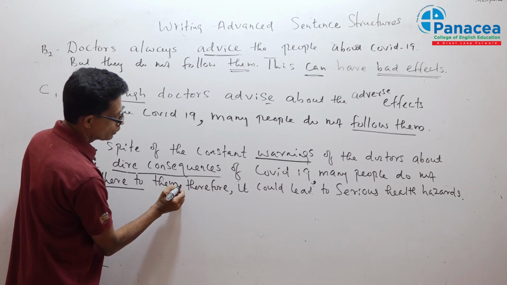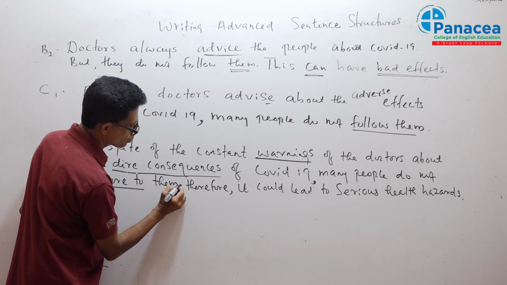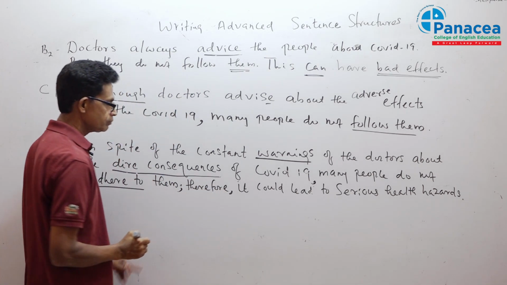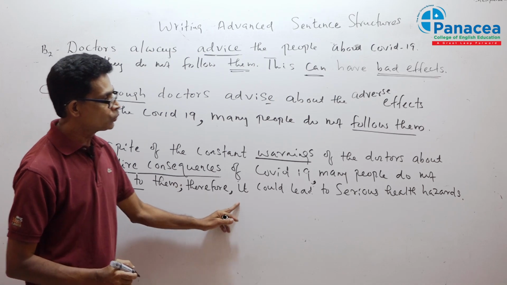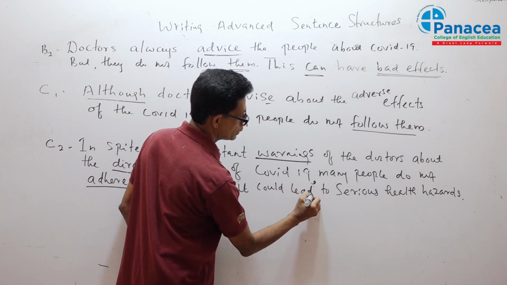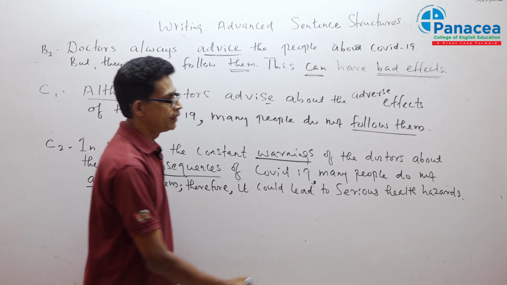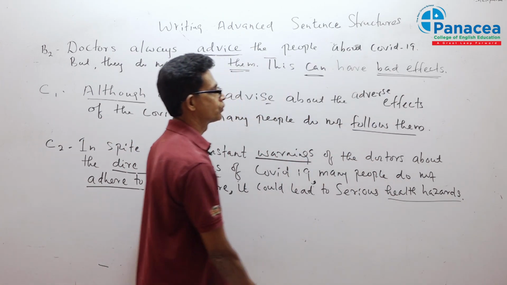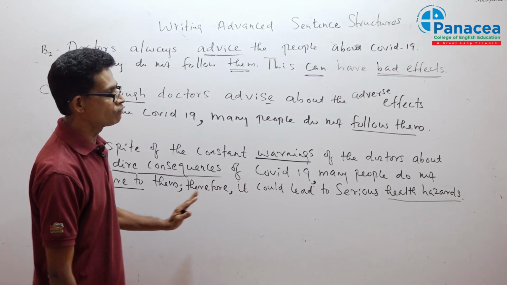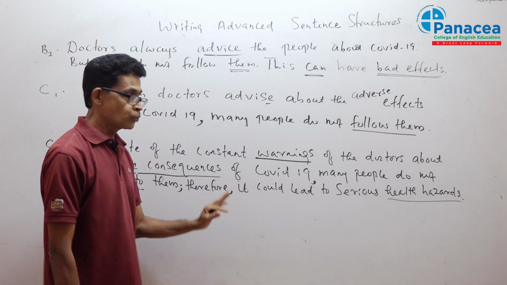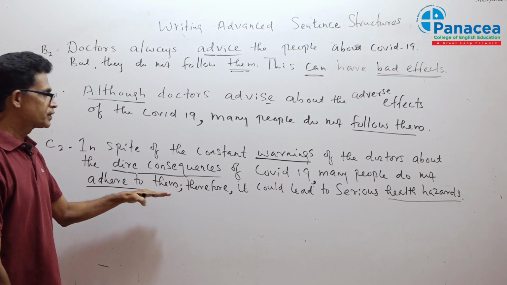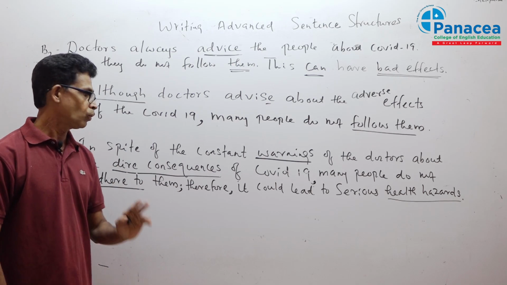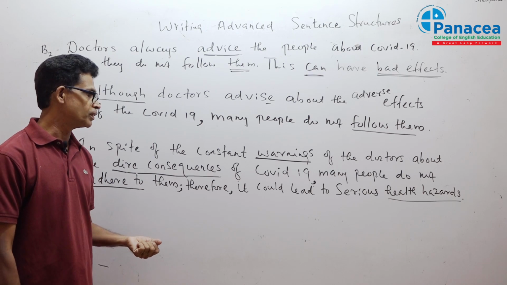Then the writer has used a semicolon and therefore a comma. Therefore it could lead to serious health hazards. So health hazards එතකොට bad effect වාගේ නෙමේ, health hazard. So this sentence shows a high degree of language fluency of the student.